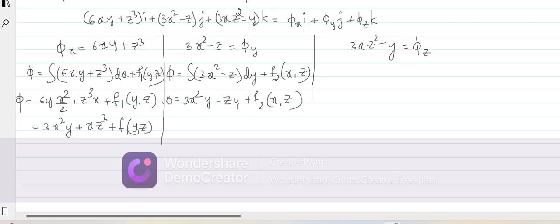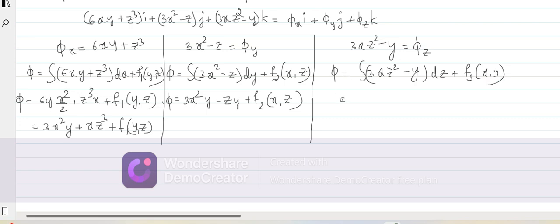So we have another value of φ here, and you can calculate the value of φ by direct integration with respect to z. So φ equals the integration of 3xz² - y with respect to z, and here x and y are constant, therefore the integrating constant must be a function of x and y.